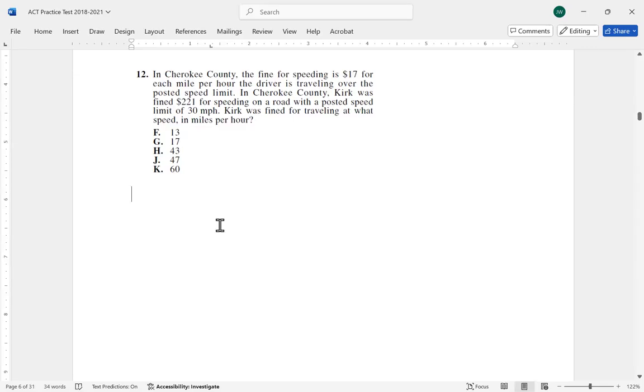So all we need to do is take the $221 total fine and divide that by 17. When I do that, I get 13. So if each mile per hour over the speed limit is a $17 charge, then Kirk traveled 13 miles per hour over the speed limit.